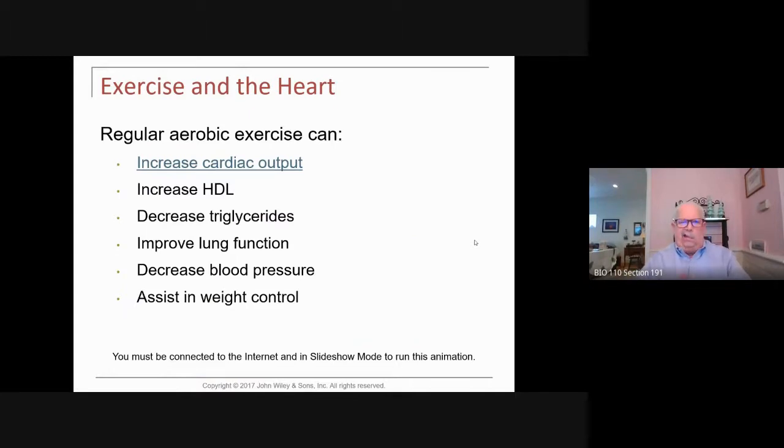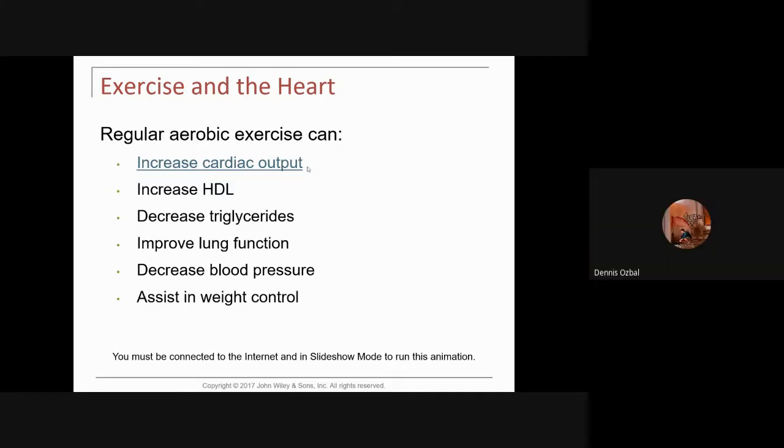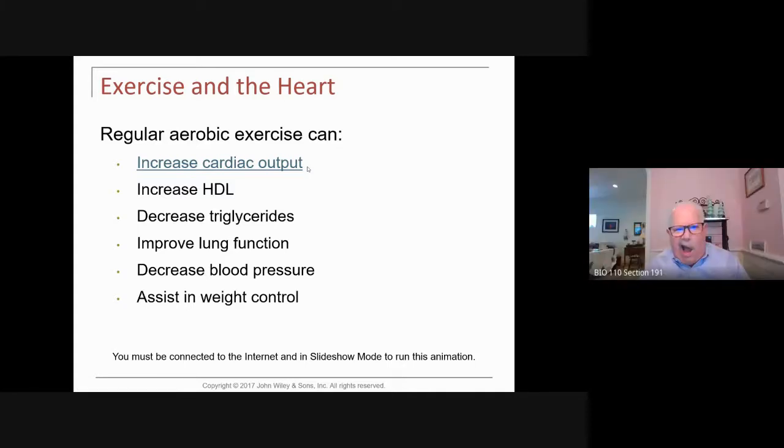Okay, exercise. Exercise is pretty good. It increases your cardiac output. How does it increase your cardiac output? What happens to your heart rate when you exercise? It goes higher. So does your stroke volume basically change when you exercise?